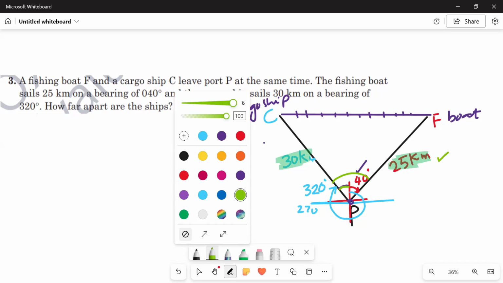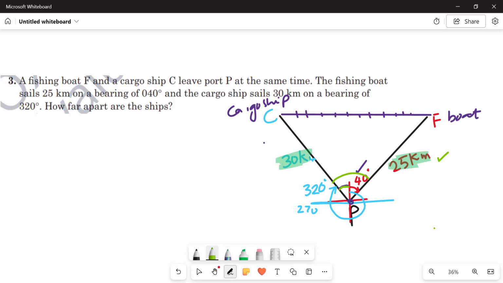So how can we find this angle? We can find it by subtracting 320 from 360. So 360 minus 320 is 40 degrees. So this angle is also 40, and the total angle becomes 40 plus 40, which is 80.